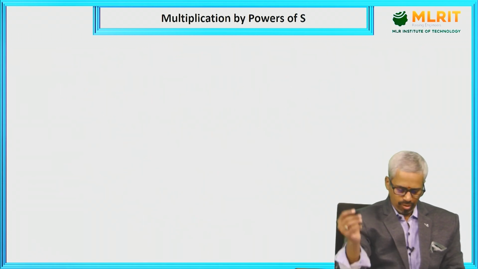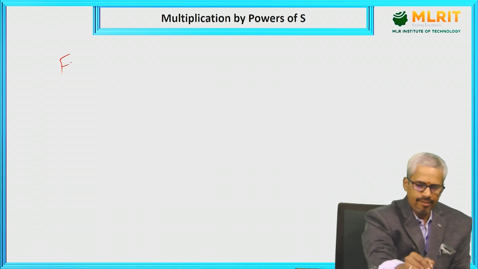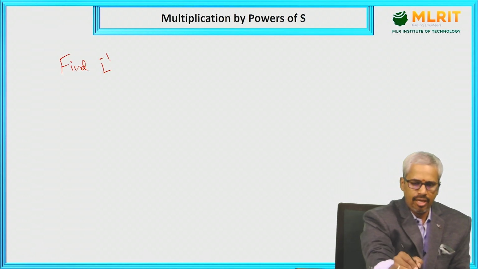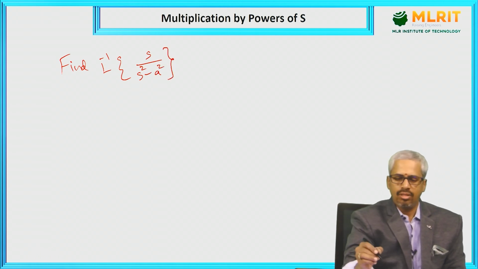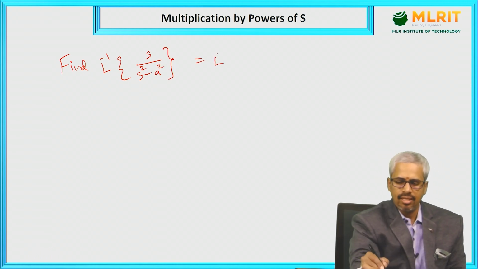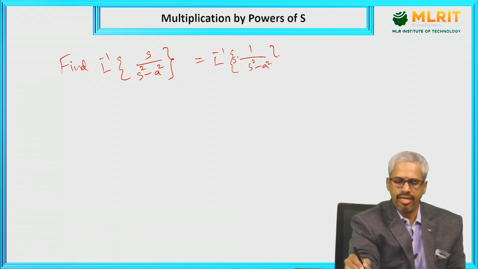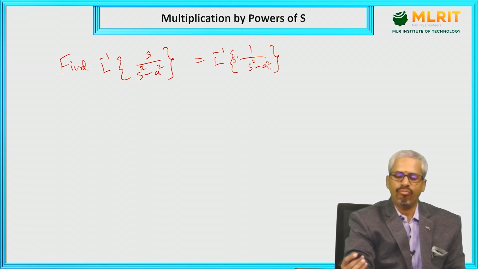Let us see one more problem. Find L inverse of s by s square minus a square. This I can write as L inverse of s into 1 by s square minus a square. So, s into f bar of s.